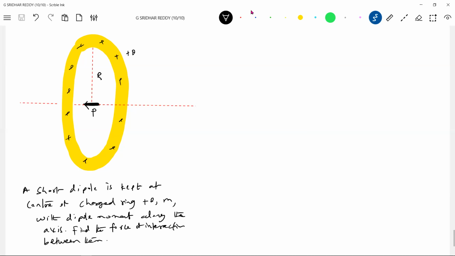I think you should be able to imagine the dipole is along the axis. And what is the plane of the ring? The YZ plane. This is the x-axis. Some are getting confused, so I'll write it here. The plane of the ring is the YZ plane, and the dipole moment is along the x-axis.